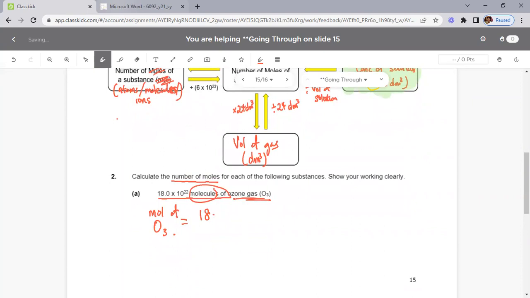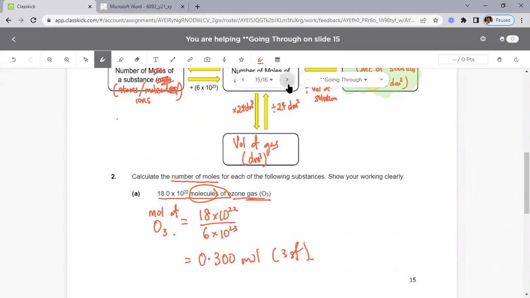So I'm going to take 18 times 10 to the power 22 divided by 6 times 10 to the power 23. And your answer will be 0.300 mole, 3SF. So final answer, always do 3SF. So this was 2A.